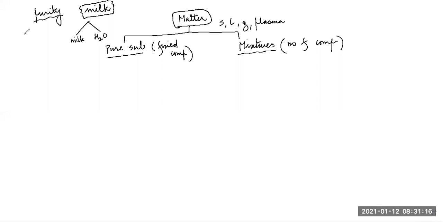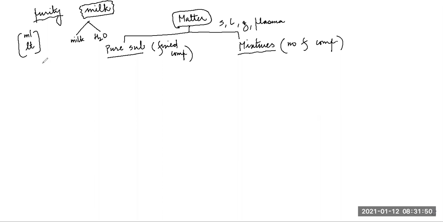If we take 1 ml of milk or 1 liter of milk and we see the constituent particles are the same, or we say it has fixed composition, we say it is pure, like air around us. In chemistry, it's pure, though air is made up of hydrogen, nitrogen, carbon dioxide, so many other gases.